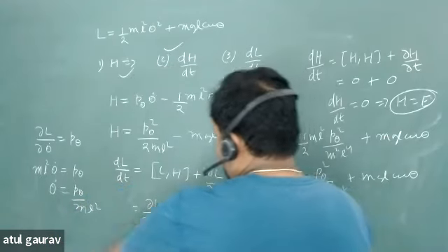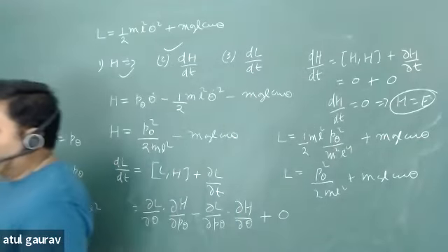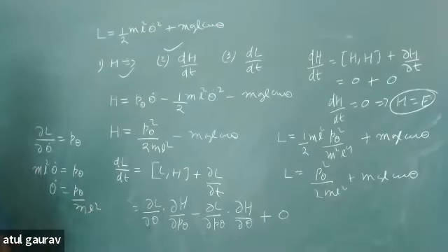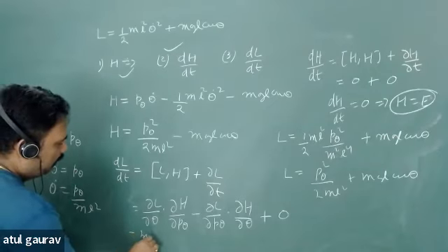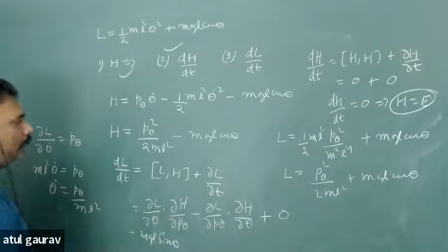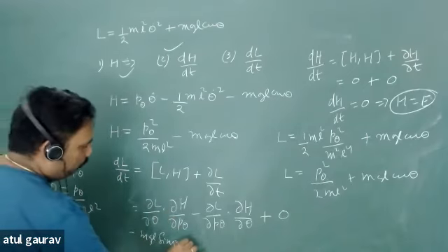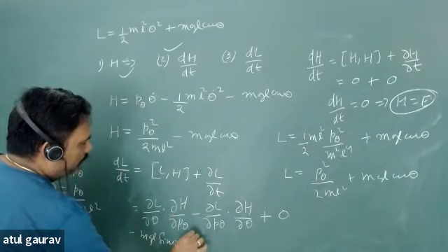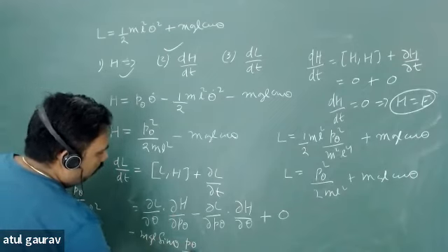And here you can see what is going to happen. Del L upon del theta is minus mgl sin theta. Del H upon del p theta is p theta upon m L square.